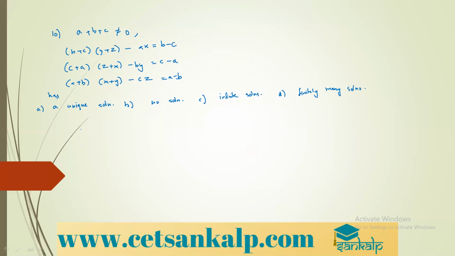So I can change the above system of equations. How do I want to change it? I will tell you. In the first equation, I have only b plus c.